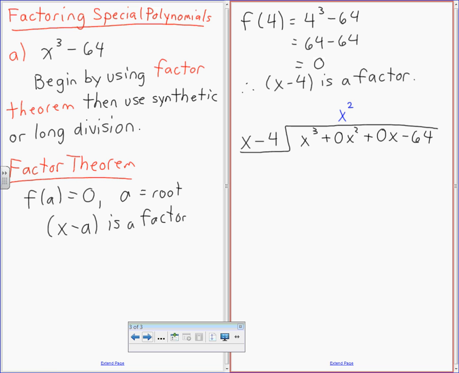So what she did, she needed to get x cubed. So x times x squared is x cubed. So what goes underneath here then? So just for how she got that again, x squared times x is x cubed, x squared times minus 4 is negative 4x squared.